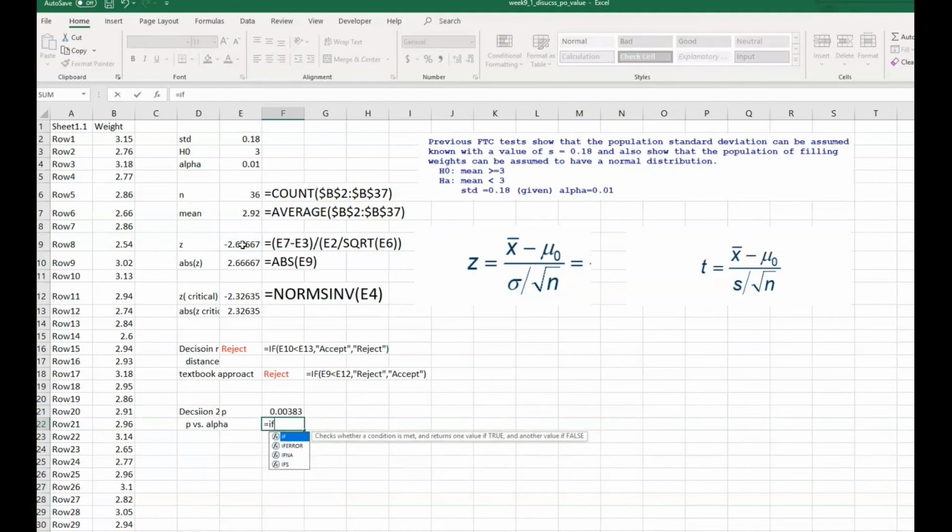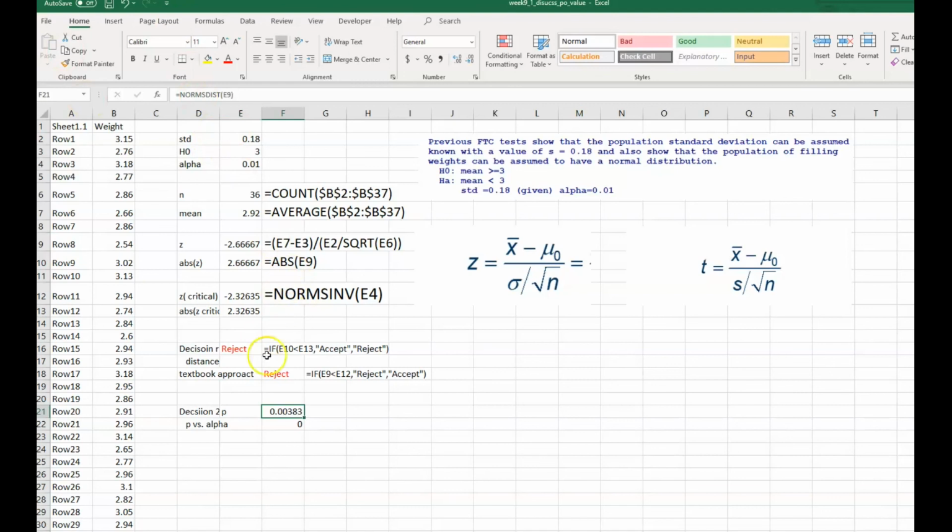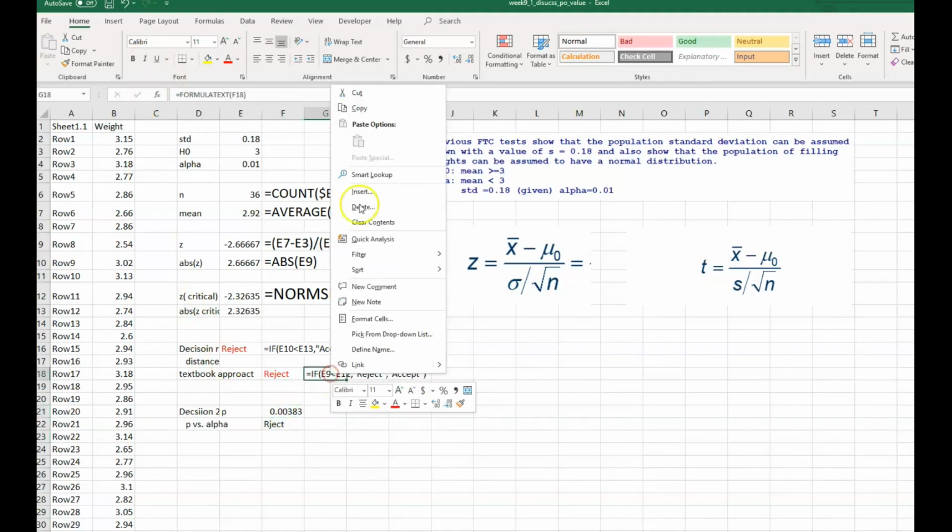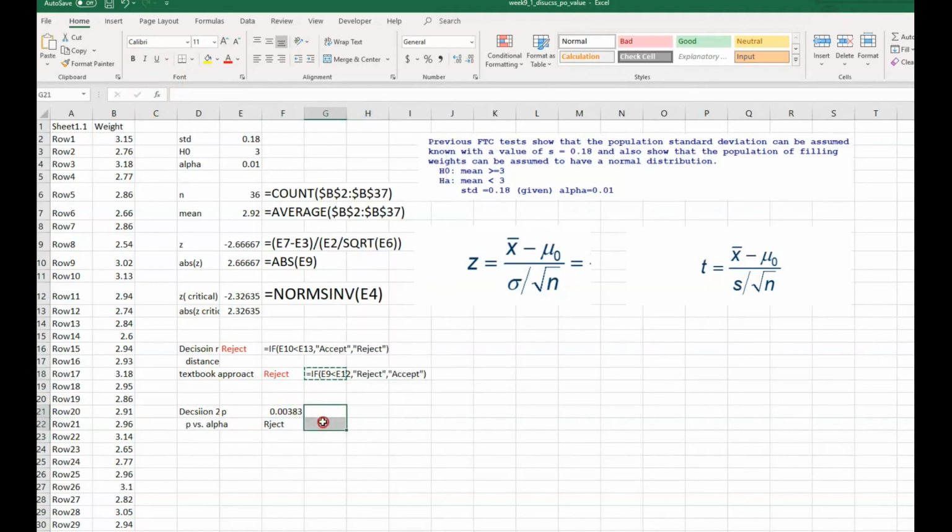So our decision rule: if the p-value is less than alpha, we reject. Otherwise, we accept.